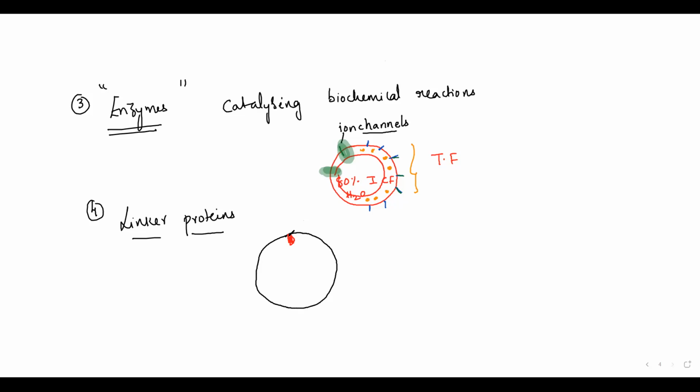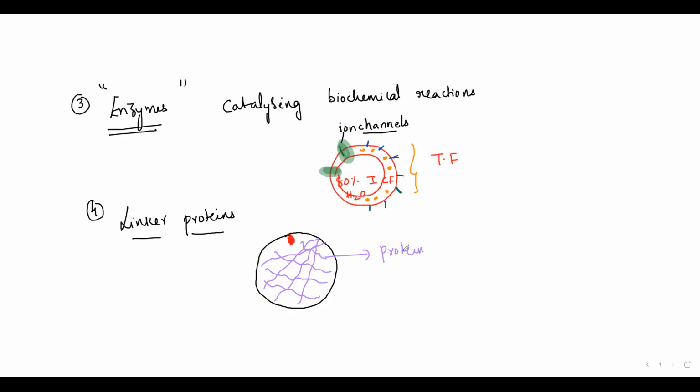What the linker protein is going to do is, children, inside the cytoplasm, we have these specific proteins which are forming the cytoskeleton. So these are also proteins only, but the major proteins here in the cytoplasm are getting organized. The proteins are getting organized into what? As a cytoskeleton.